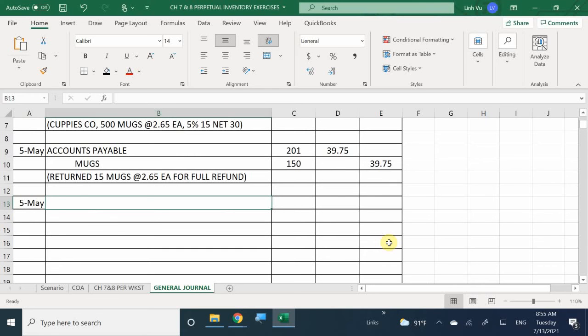We have to get rid of the items first before we can journalize that we sold it. So I want to recognize the transaction at hand, which was that I sold 10 mugs. Now I sold it for cash. So how am I going to journalize this? And what should come first?